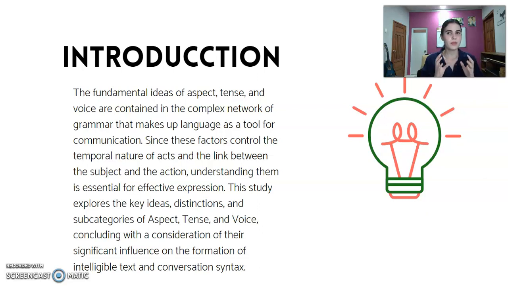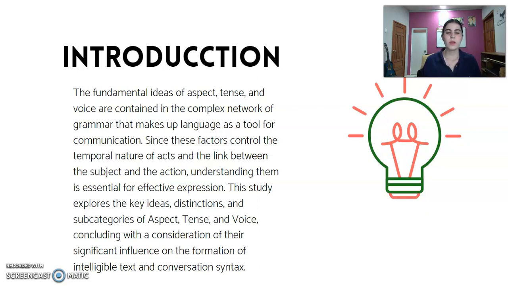Before going to the main information, I think it was important for me to bring a short introduction about the fundamentals of aspect, tense, and voice, and how they complement each other, and about communication, since language is not only about grammar but also a tool for it. Factors could be the subject and the temporal, and their main function is the link between the subject and the actions.